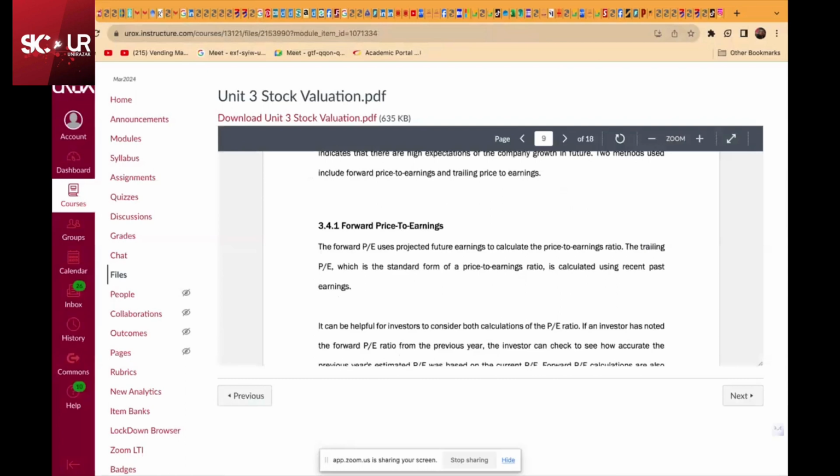And then you can compare this with other companies in the same industry. We can compare with other retail companies. Actually, 7-Eleven has a price earning ratio of 40.